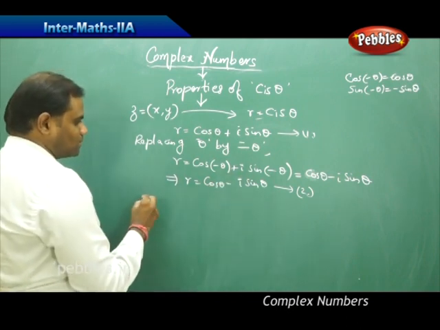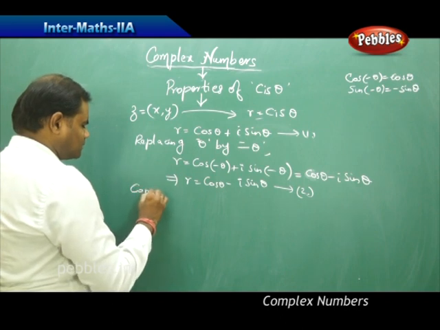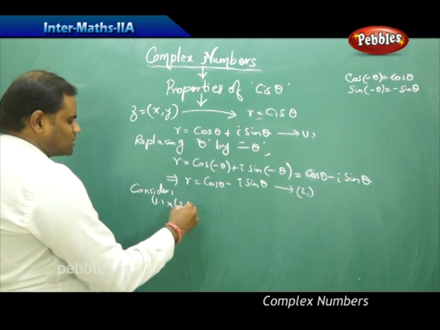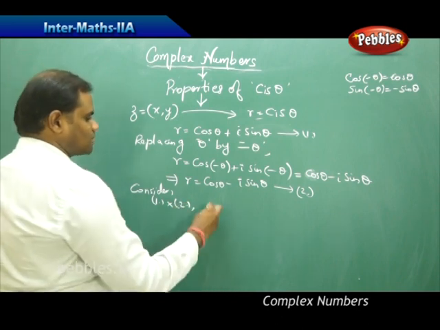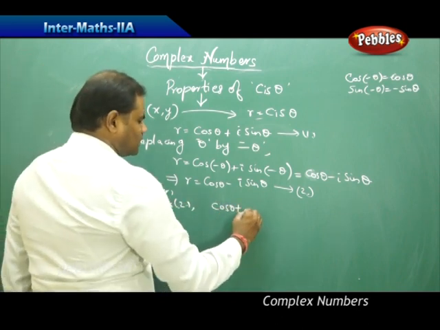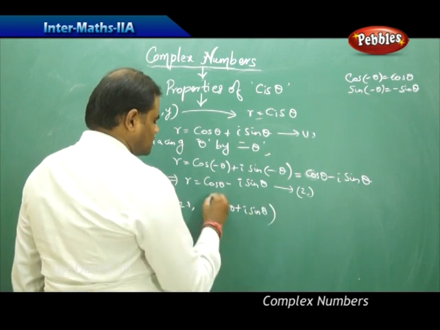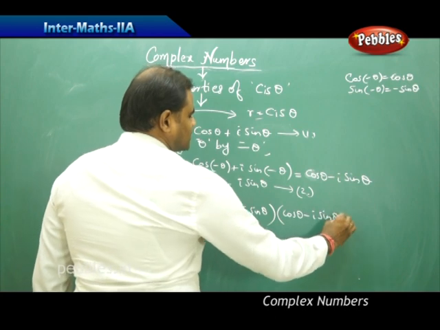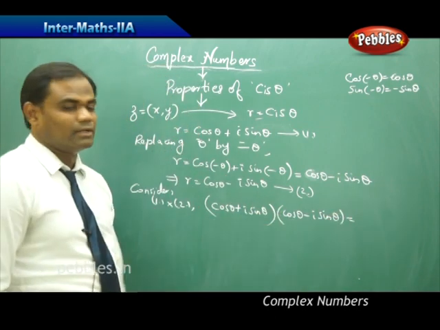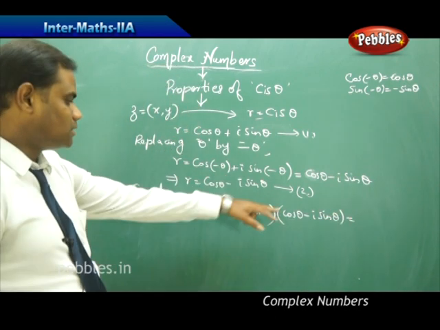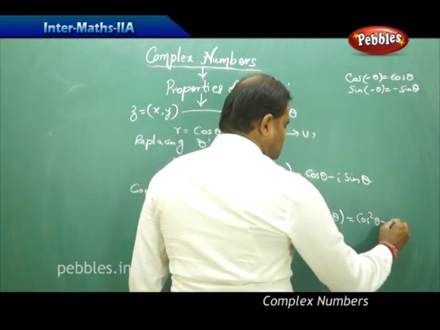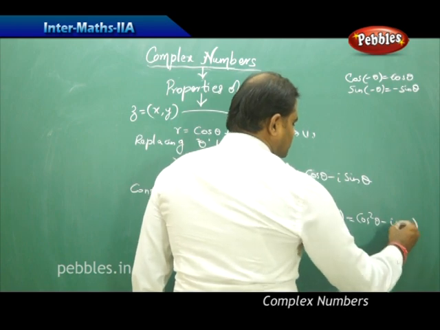Now what I do is I consider the product of 1 and 2, which is cos theta plus i sin theta, which is equation 1, times cos theta minus i sin theta, which is equation 2. Now on simplification, this is a plus b times a minus b, which is a squared minus b squared.